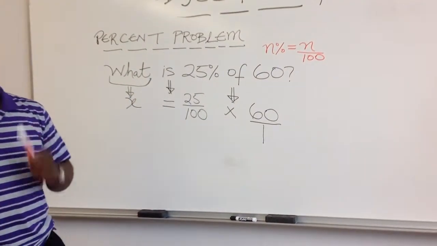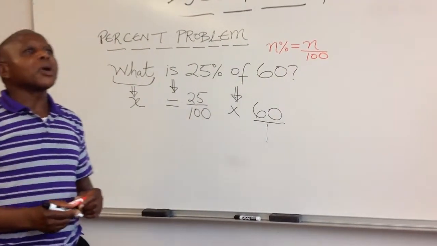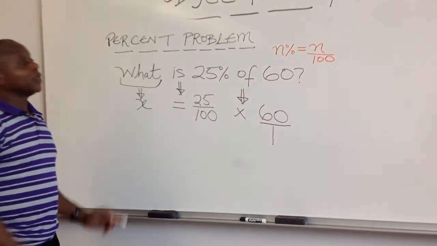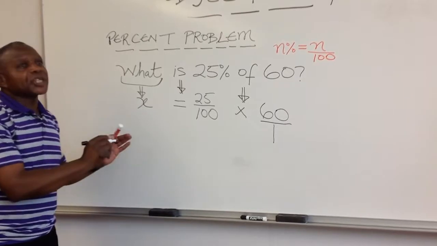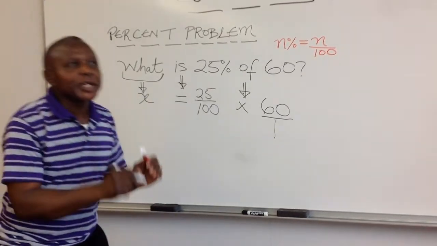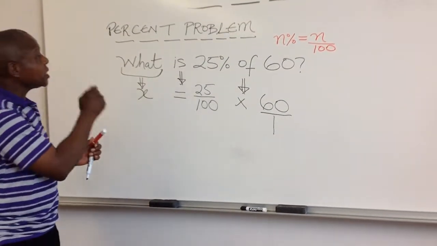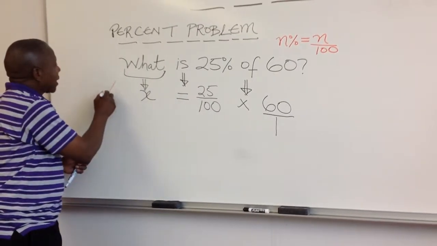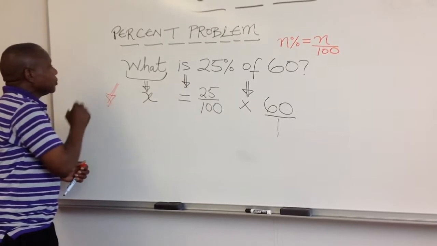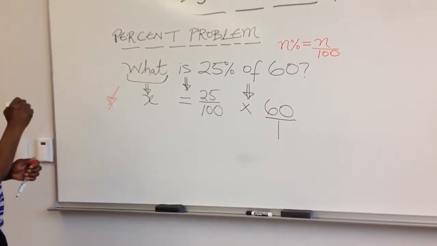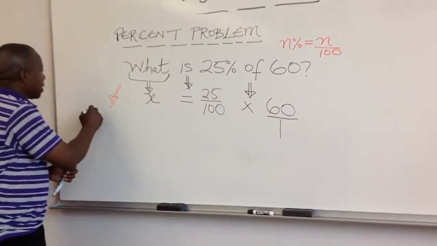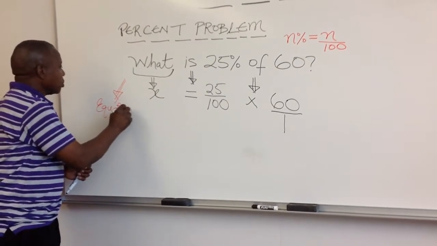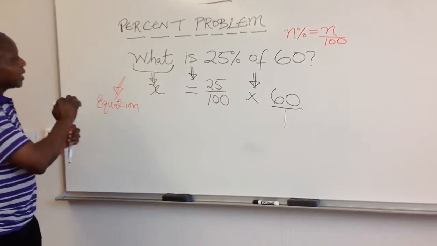So what are we doing here? We are actually using what we call the equation method. So the method we are using here is known as what? The equation method. So first thing we do is to state that we are using the equation method before we begin to actually solve the problem. So this is the first thing we want to identify.